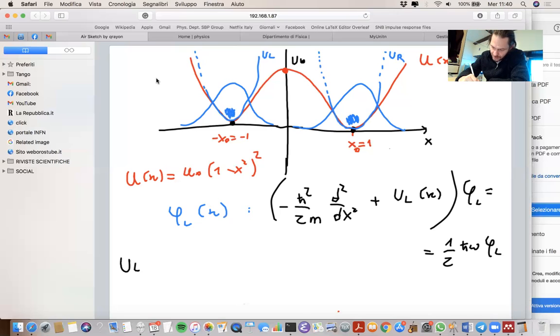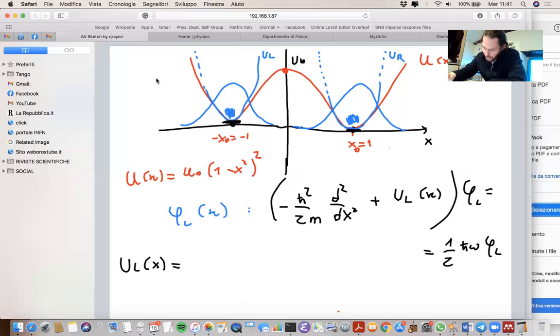Well, U left is the Taylor expansion of U near the point negative x naught. So this is U at negative x naught, which is 0, so it's 0 plus the first derivative of U near negative x naught, which is 0 because this is a minimum point.